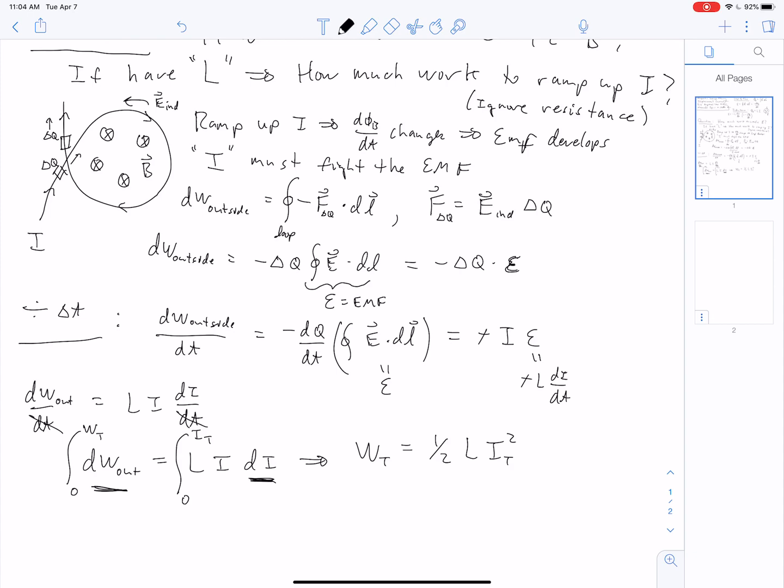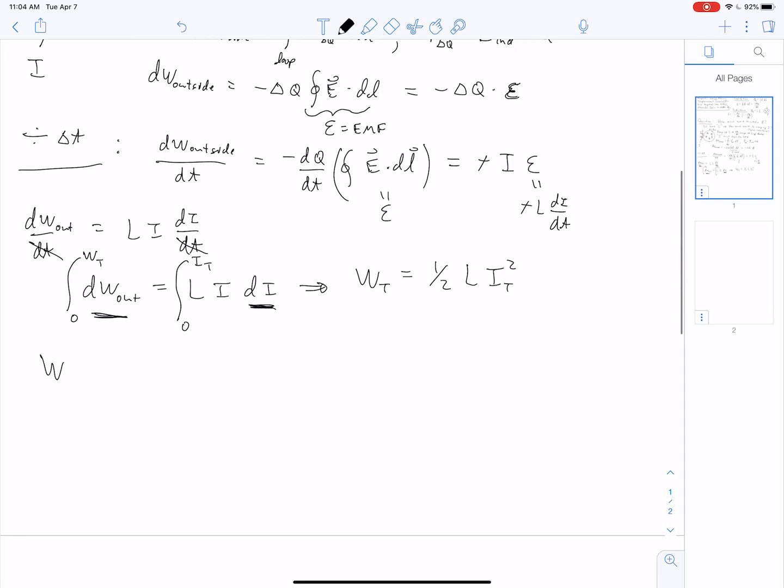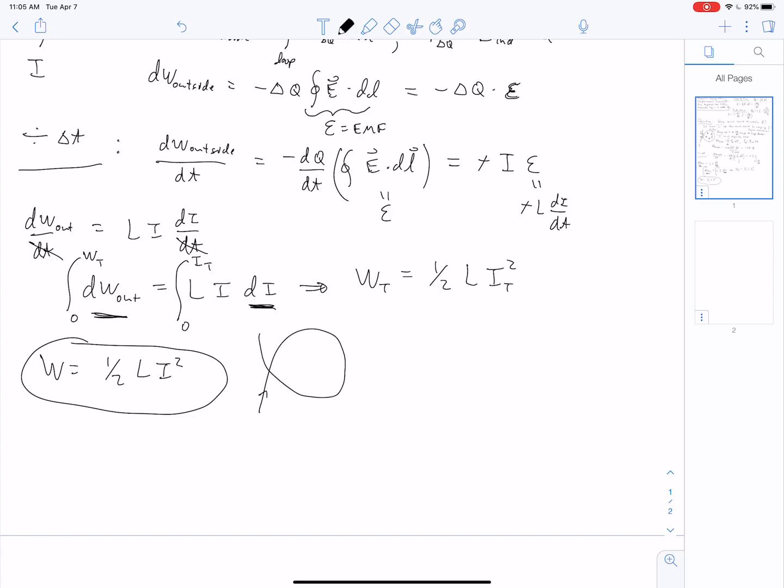We just like to say that the work is equal to 1/2 L i squared. That's the amount of work it takes to ramp up the current through some loop. I'll draw it again: there's the loop, the current. To ramp up the current, it takes that much. Even though the wire has no resistance, it takes that much energy, because we have to create this magnetic field in the loop, and we have to fight against the EMF, and that's why it costs us that much energy.